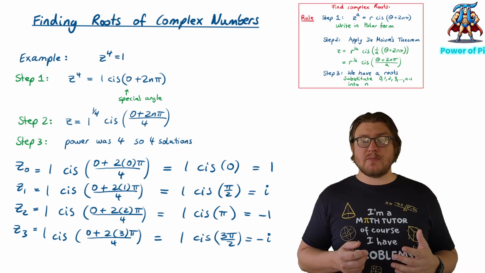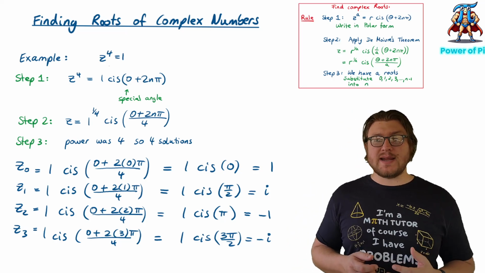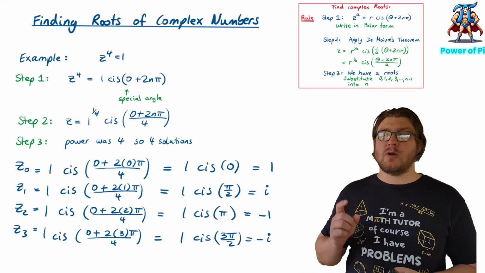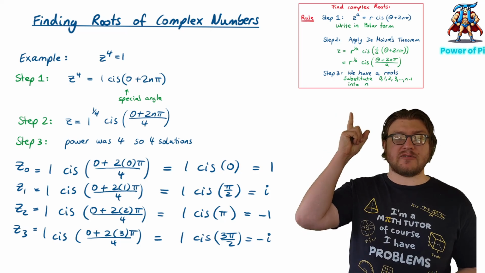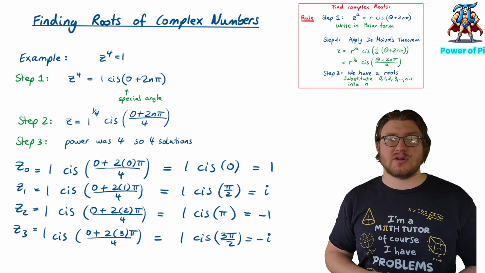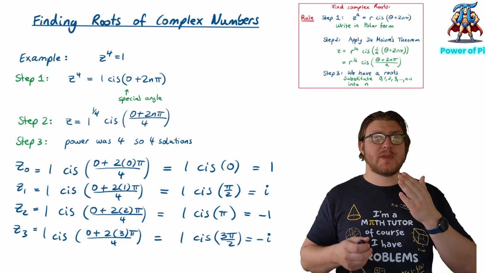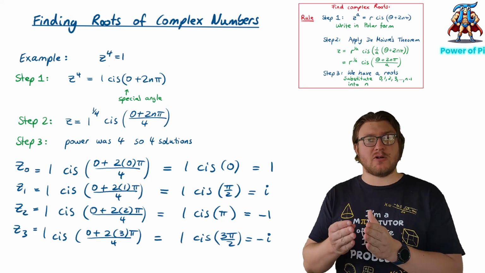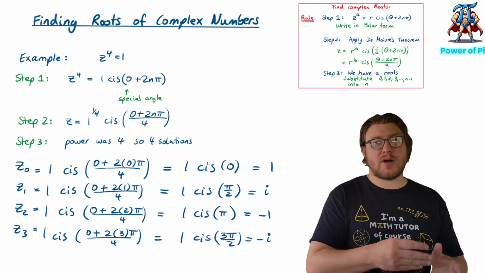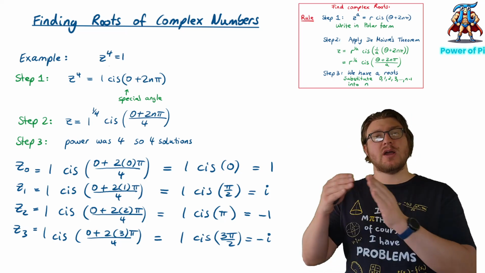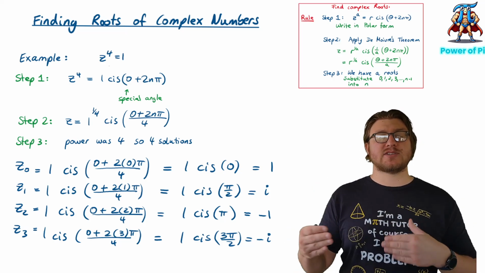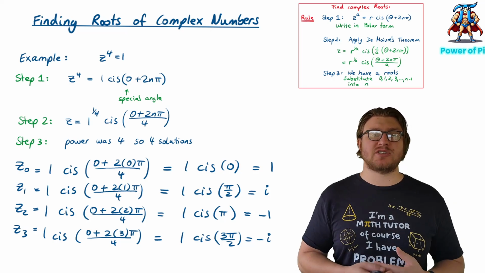Now, there's just one remark that I wanted to make. A lot of people will be easily remembering that you have to go from 0 all the way till 4, or well, 3 in this case, 1 less than the power. You could also start with 0, then do 1, negative 1, 2, negative 2, 3, negative 3, and so on for the values that you're substituting in for n.